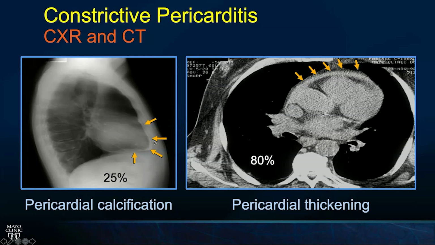You can see this is a calcified pericardium, classically talked about as being associated with tuberculous pericarditis. This is pericardial thickening in a patient with constriction. But note that we only see that 80% of the time. So that means that if everything else fits together and your CT scan says normal thickness pericardium, don't let one test throw you off the hunt. Everything else has to make sense.